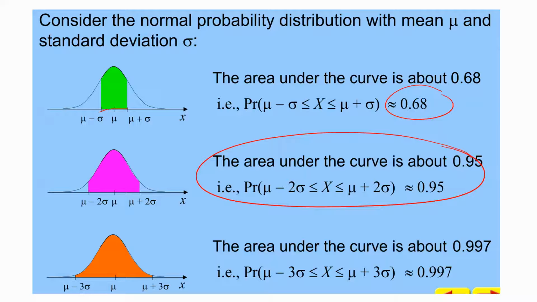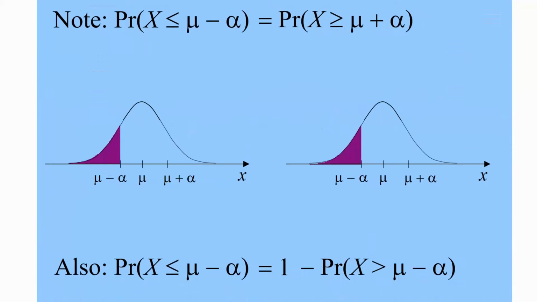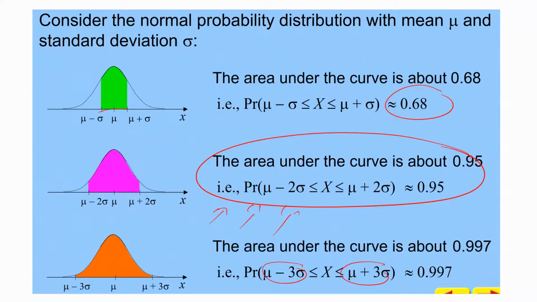These are 3 things you must remember because they will come up as part of your exams in the multiple choice section. If they say, find 99.7, you have to understand what they're assuming. They're assuming that you understand it is 3 standard deviations to the right and left. So these are 3 properties that you have to know. Previously you only had to understand the first one. Now there's 3.